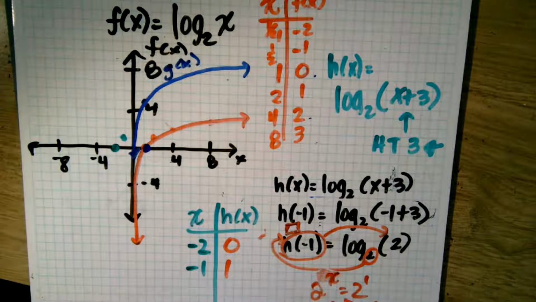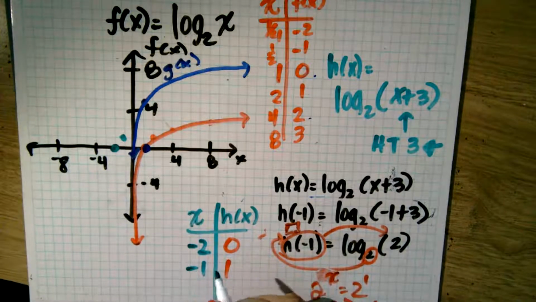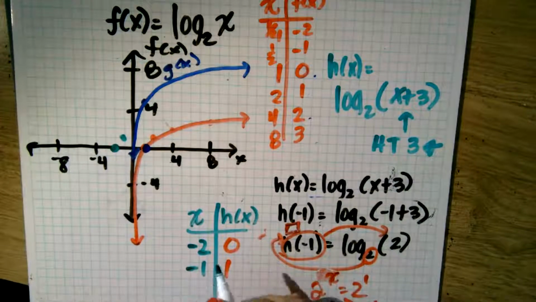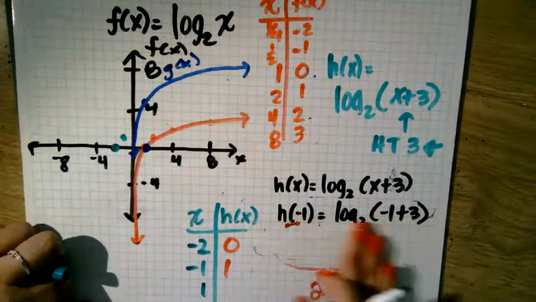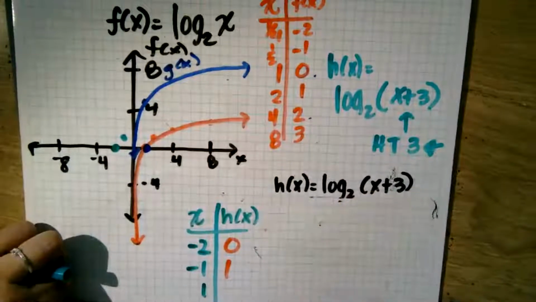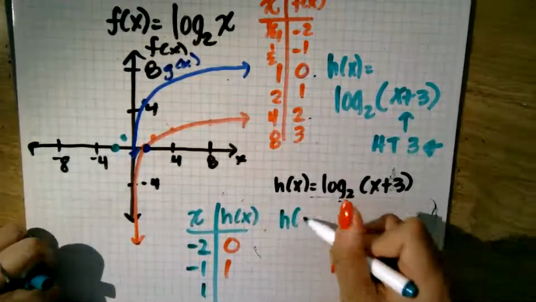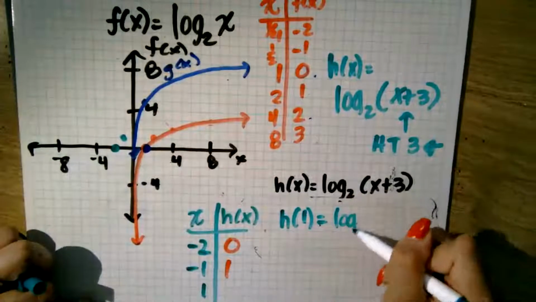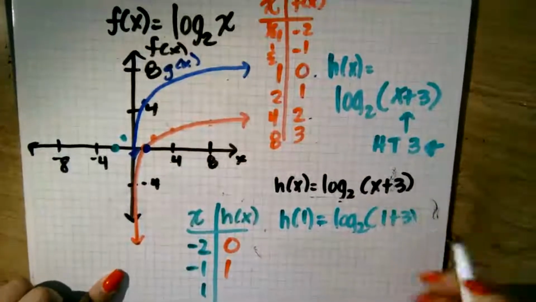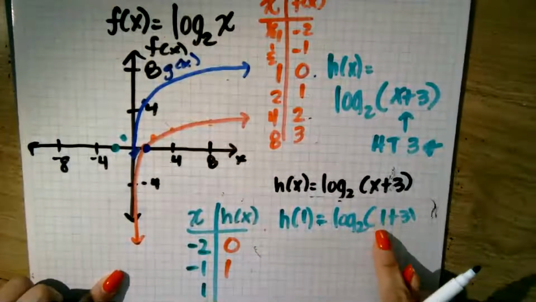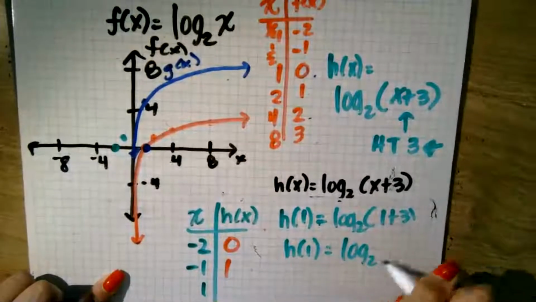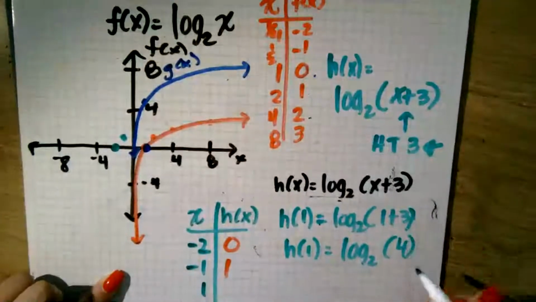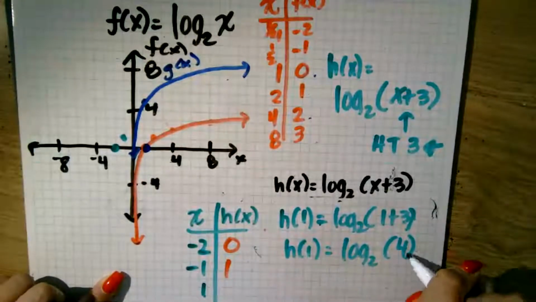And I'm pretty sure that at 1, let's see what we get. h of 1 is equal to log base 2 of 1 plus 3. Again, that's my x value, which is why I'm plugging it in here. h of 1 is equal to log base 2 of 4. 2 to what power gives me 4?